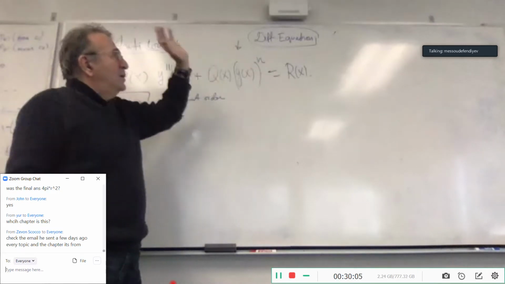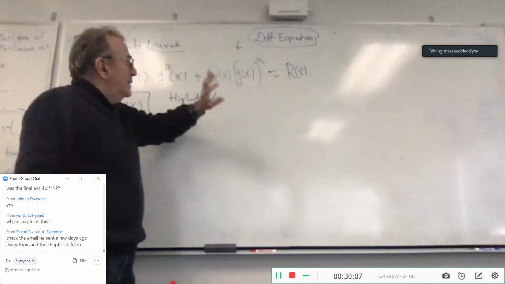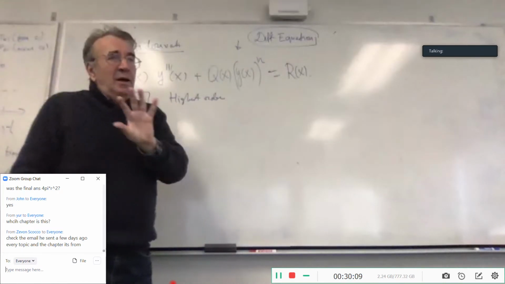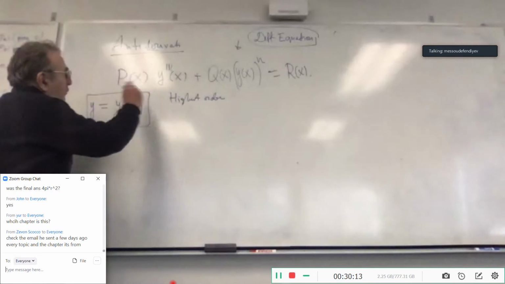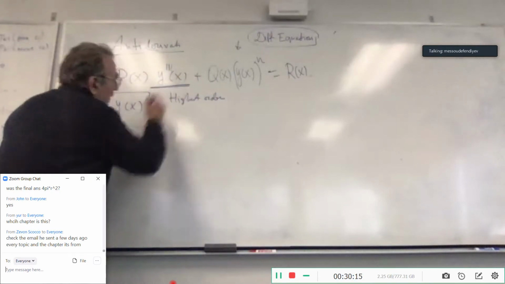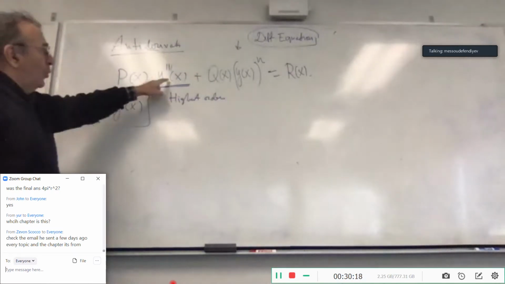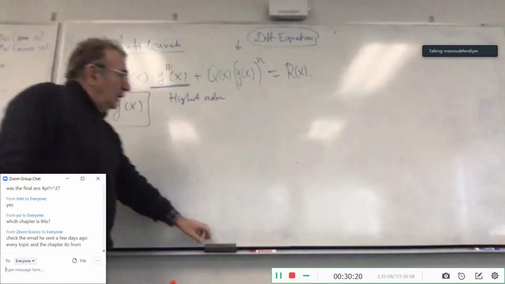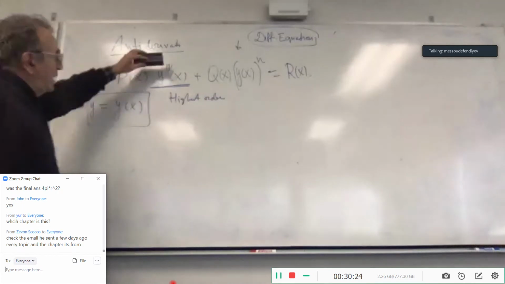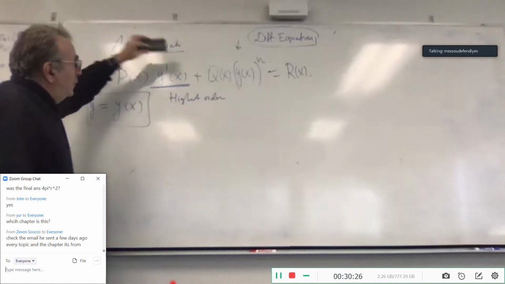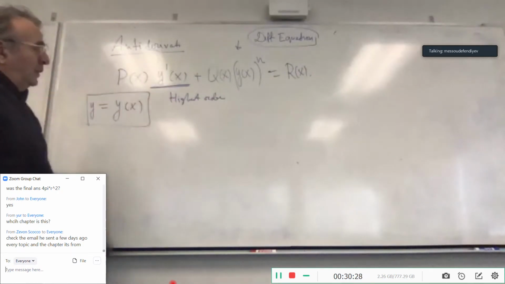If it is 5, 7, or 100, it doesn't influence the order. The order of a differential equation is related to the highest order of the derivative. Now, if I am saying first order differential equations, that means I have only one derivative.